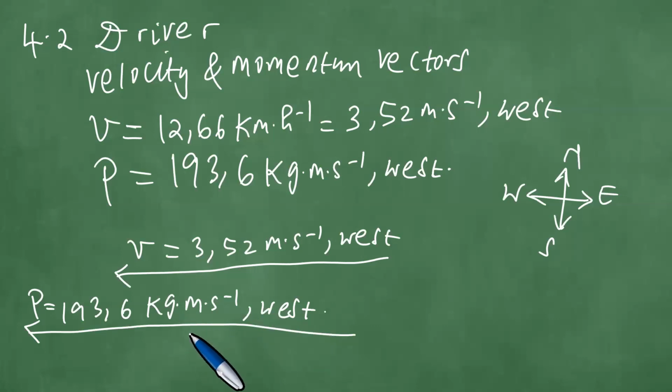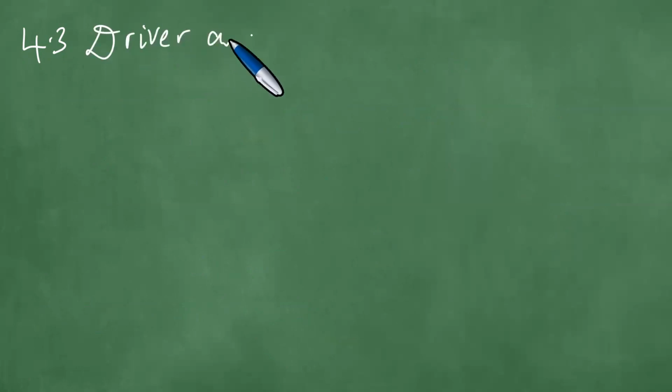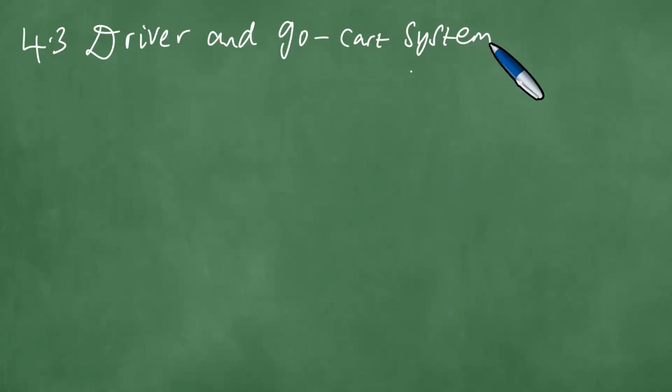Okay. What about the driver and the go-kart system combination? 4.3. The driver and go-kart system. Okay, what is the velocity?